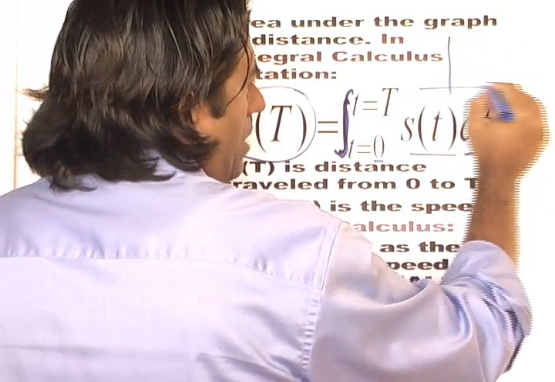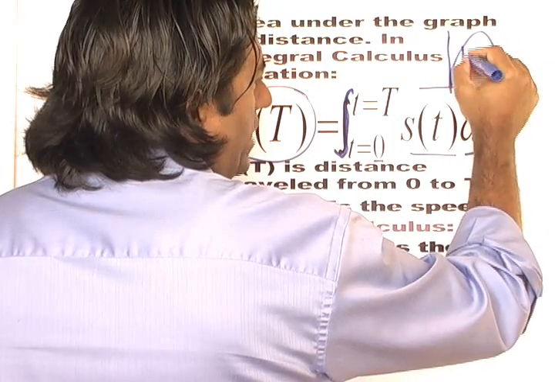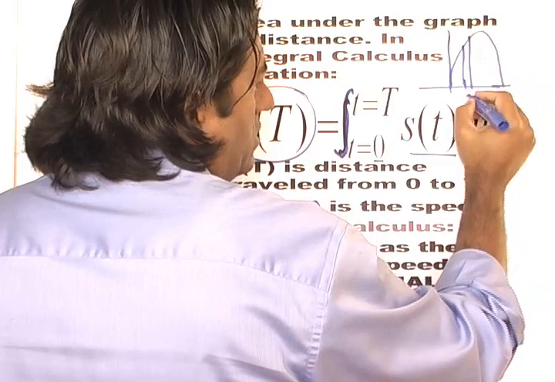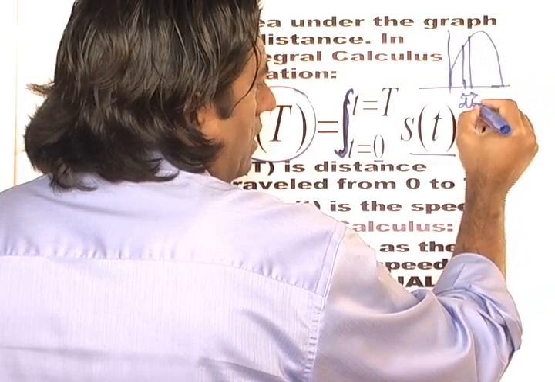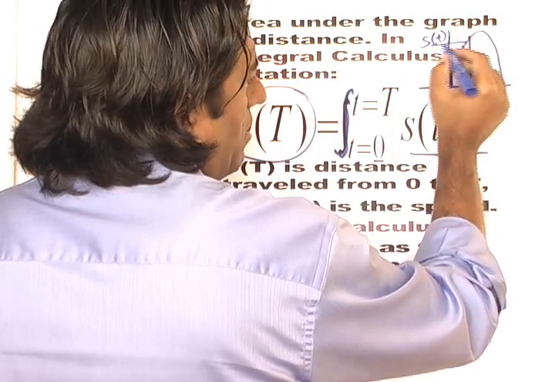Just to recap, what we said is that if this is the speed, then you take a little piece, and this is dt, and the speed here is approximated to be about s(t).